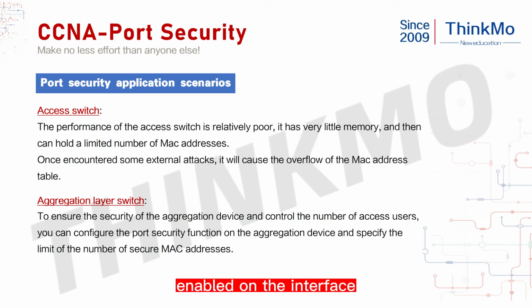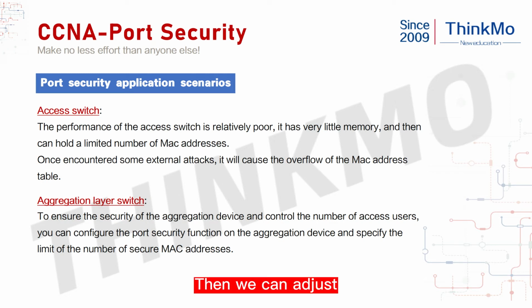At this time, when my switch dynamically learns a MAC address, it will automatically convert it to a secure MAC address. What is the default maximum number of secure MAC addresses? The default is 1.